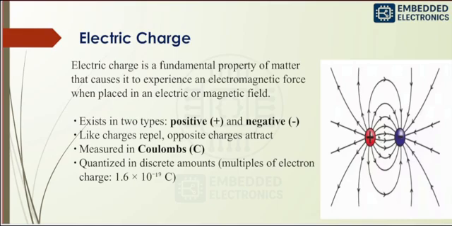See in this diagram, the positive and negative charges attract, meaning opposite charges attract and like charges repel, meaning plus plus, minus minus repel. The unit of charge is coulomb, represented using C. The charge constant value is 1.6 times 10 to the power minus 19 coulomb.